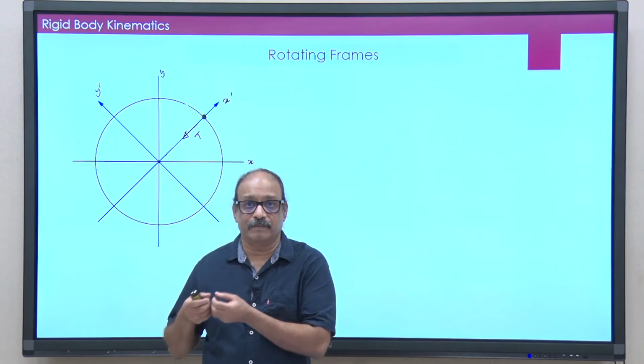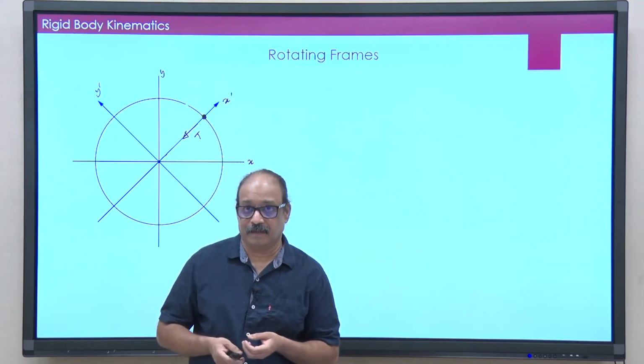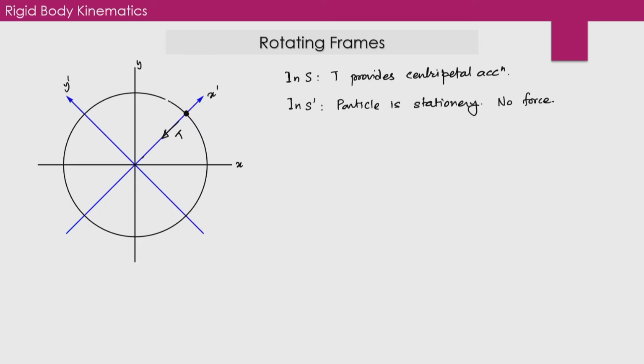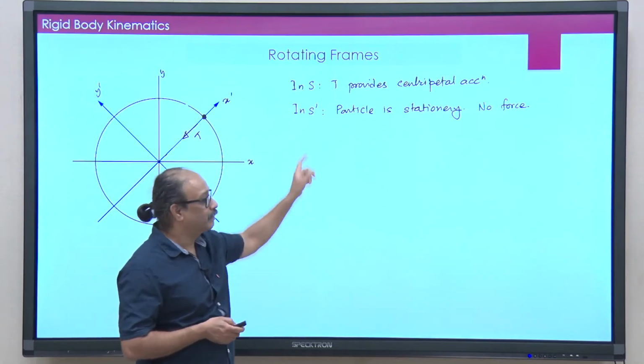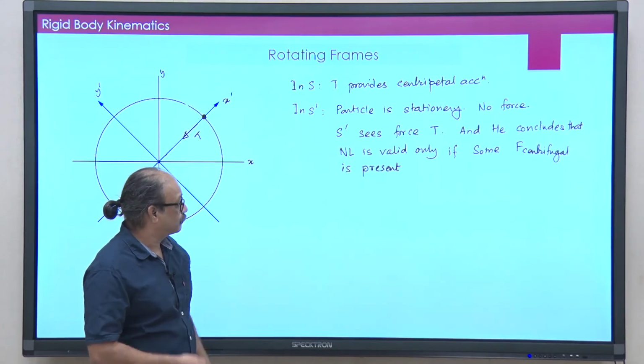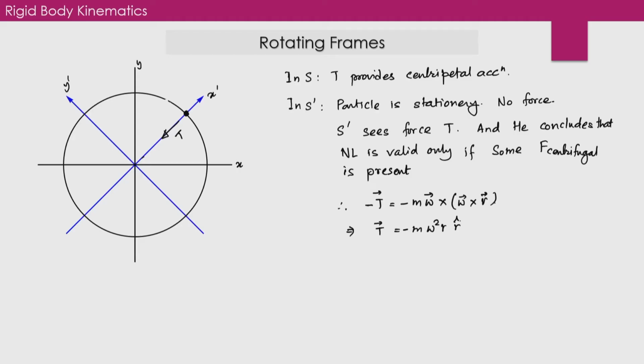There must be some other force on this particle, and that is the pseudo centrifugal force. The T must be counterbalanced in the S prime frame by the pseudo force, which is the centrifugal force.